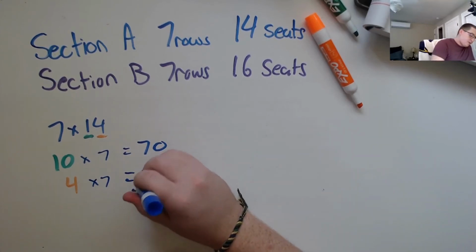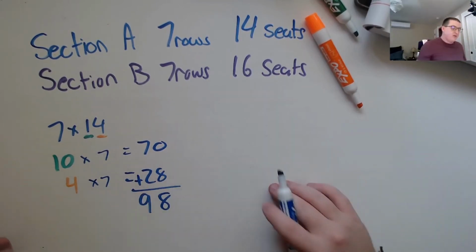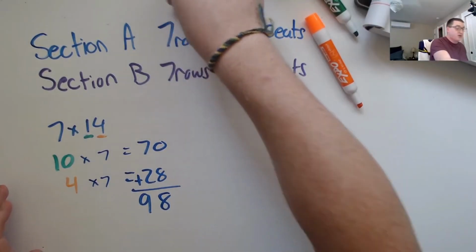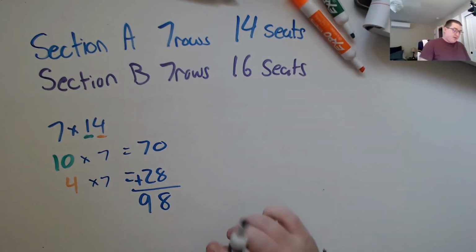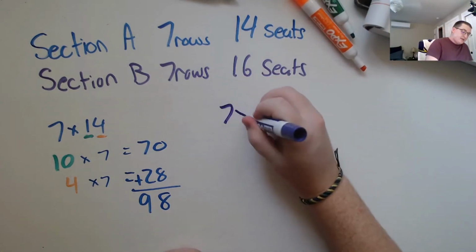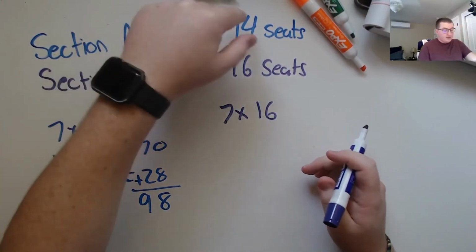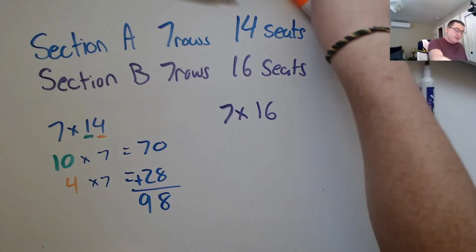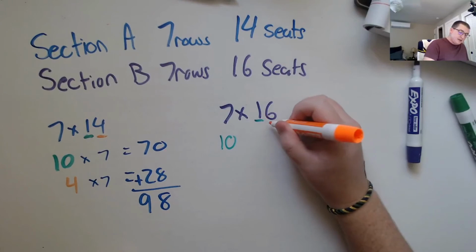Again, I flew through that a little bit faster because I described everything I was doing in the previous problem. Now we're just kind of doing it again for reassurance. Okay, next up we have 7 times 16. I get that from these numbers, just like I got these ones from these numbers up here. So we're once again going to look at the 1. That's going to be 10. Look at the 6.